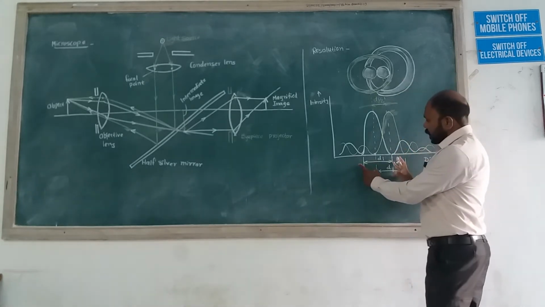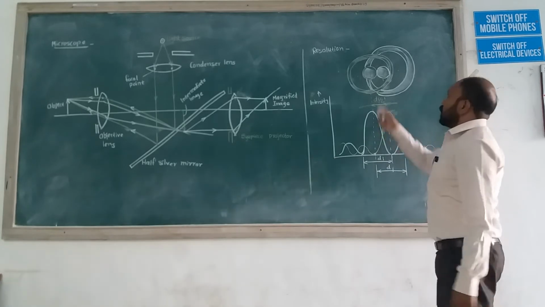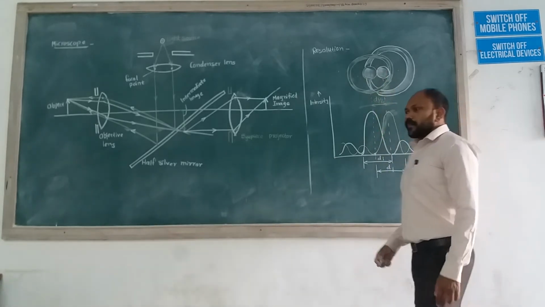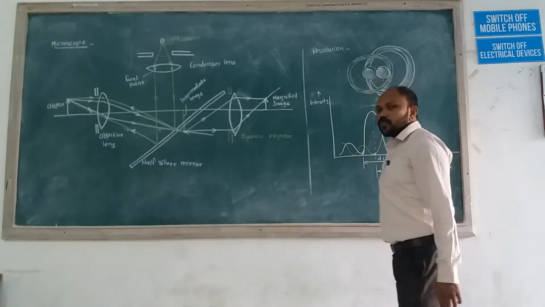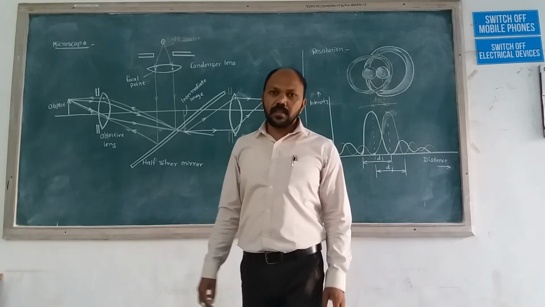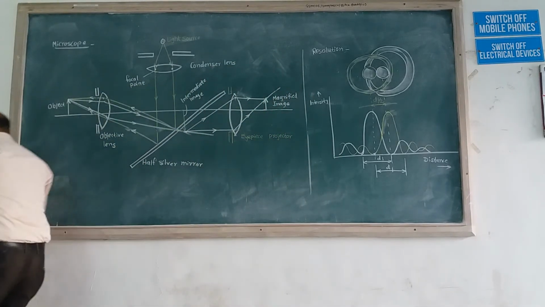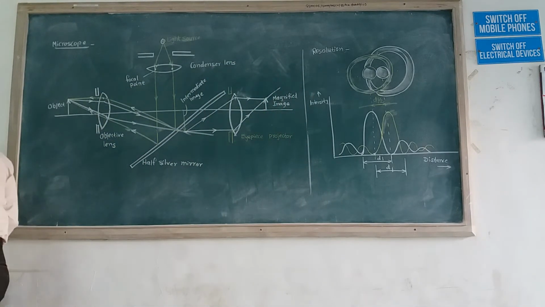So this distance we consider as d1. Minimum this much distance, that is d1 by 2, is related to resolution. And how to calculate that resolution value?